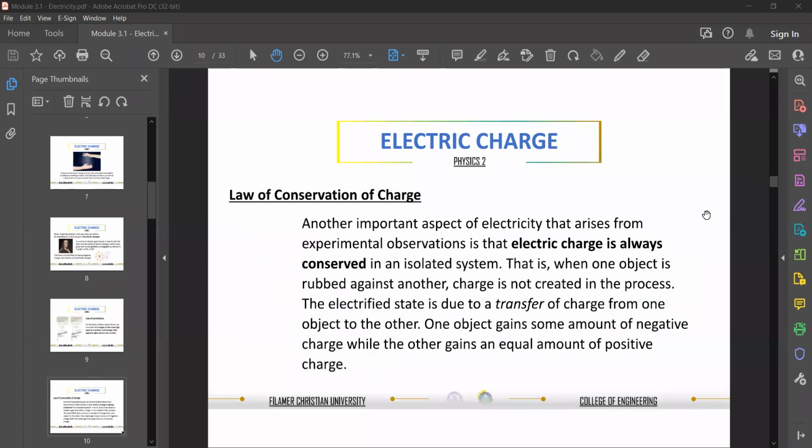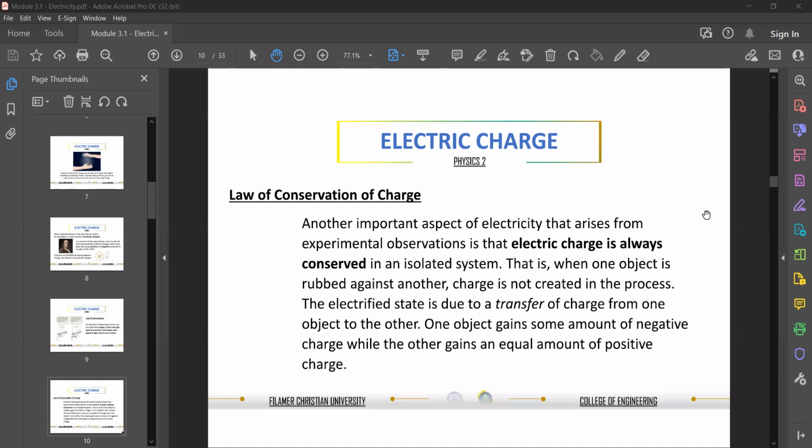So we have here the law of conservation of charge. Another important aspect of electricity that arises from experimental observations is that electric charge is always conserved in an isolated system. Meaning, kung ano yung pinalabas mo, yun din yung ipapasok mo dapat. Walang nasasayang na electric charge. But the same principle applies, so it can be used in another system, but it is conserved.